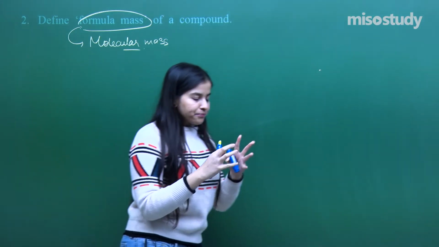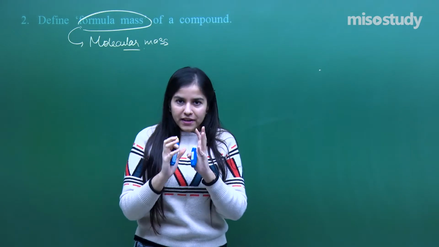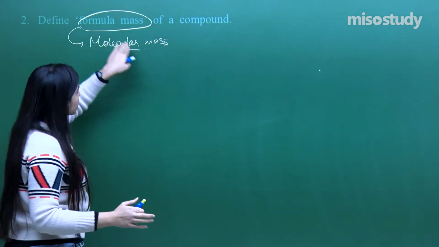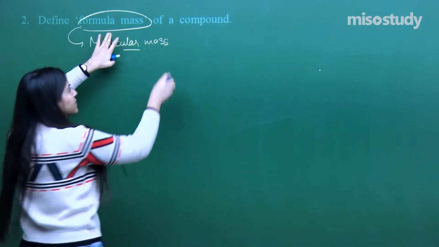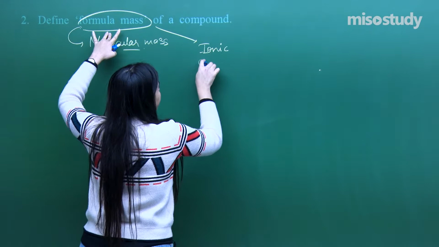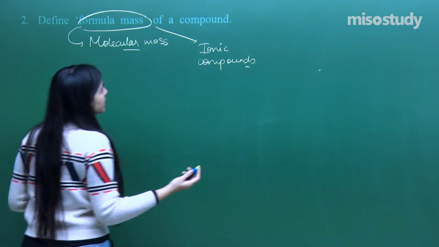That means in a compound, the atomic masses of each and every element which is present, the total of that is the molecular mass. But in the case of ionic solids, or ionic compounds, I just call it formula mass.